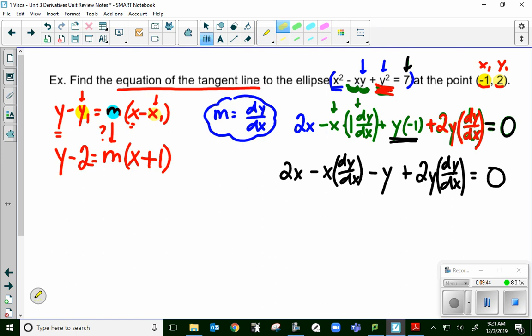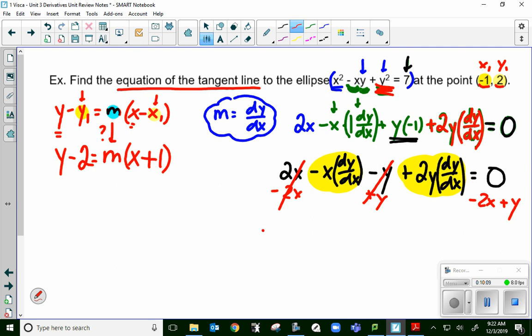So I'm going to keep everything with a dy dx, this term and this term, on this side. I'm going to get rid of my 2x and my negative y. And I'll show you in a second how this is relevant. So minus 2x plus y.